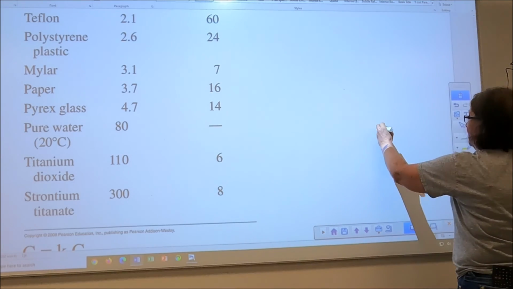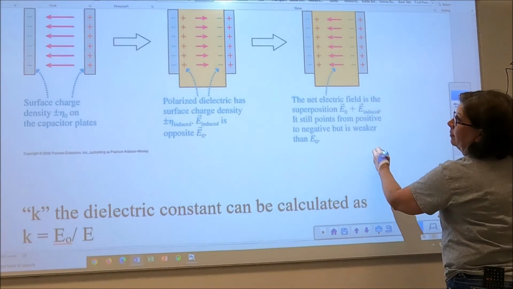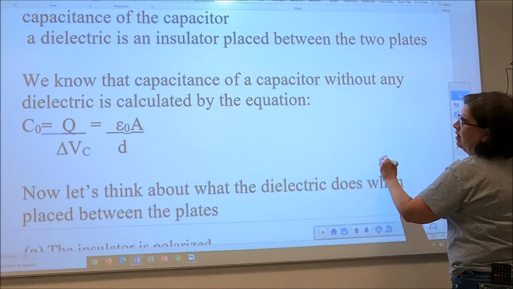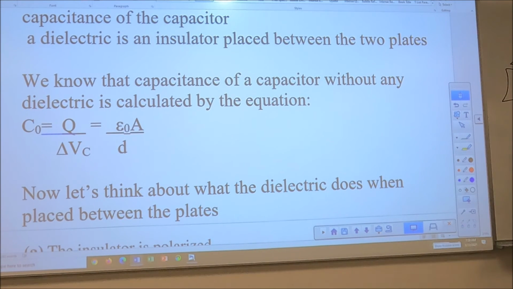Now let's talk about calculating the capacitance. C0 is going to be epsilon 0 times A over D. I'm calculating it based on the geometry of the capacitor because I haven't been told Q or delta V.